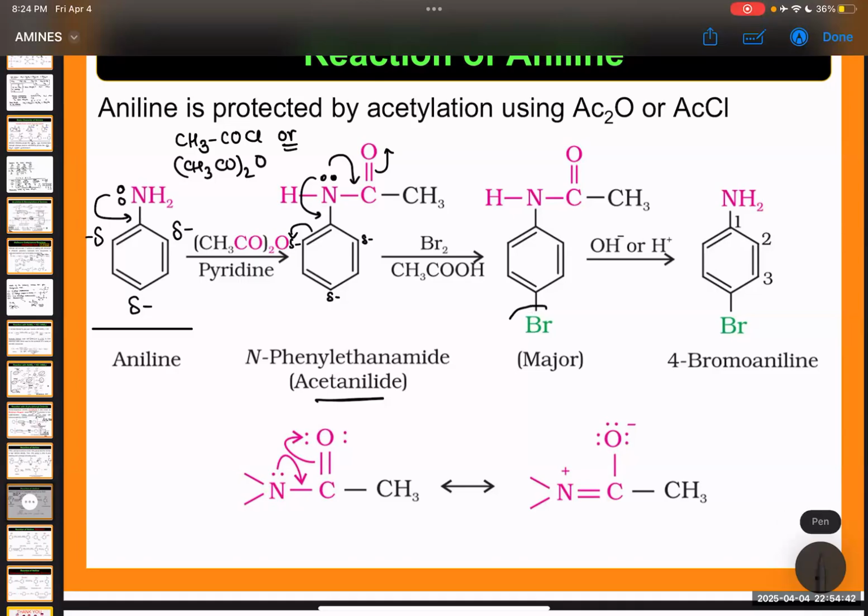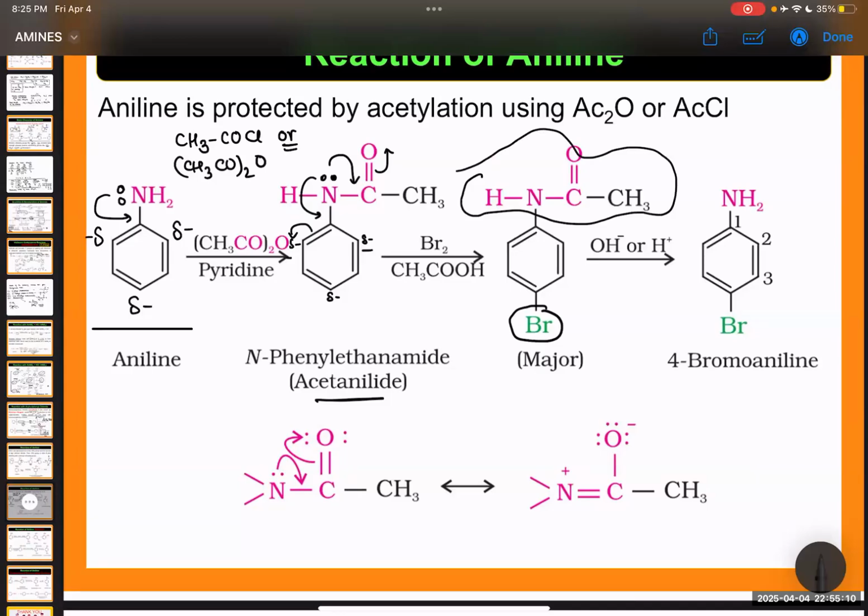Can you tell me why ortho is not formed? Ortho also carries a negative charge. What could be the reason? Meera and Upasna, why is ortho not formed? Because of this group, you can look at the size.